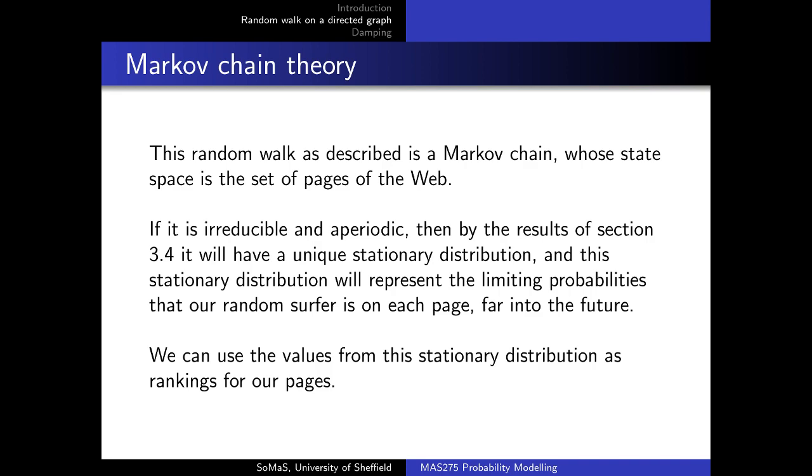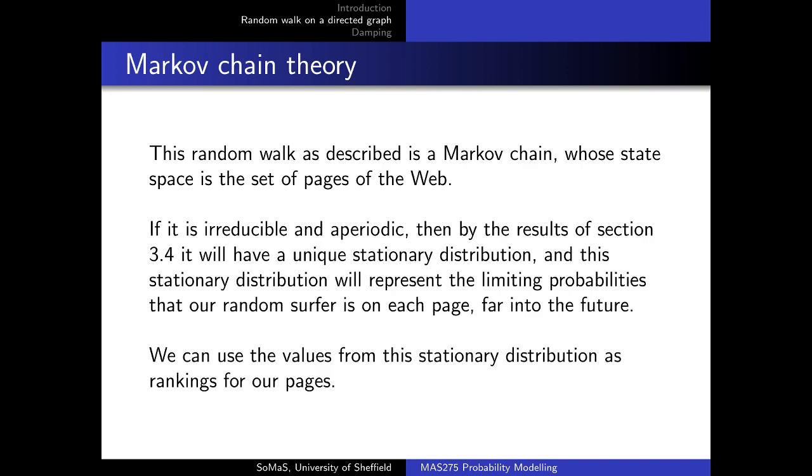Then by the previous chapter, we know that there's a unique stationary distribution. And in fact, the stationary distribution is the limit of the distribution at time n of your random surfer. So if the internet is big, it's going to take a long time to see this convergence, but it's still true.